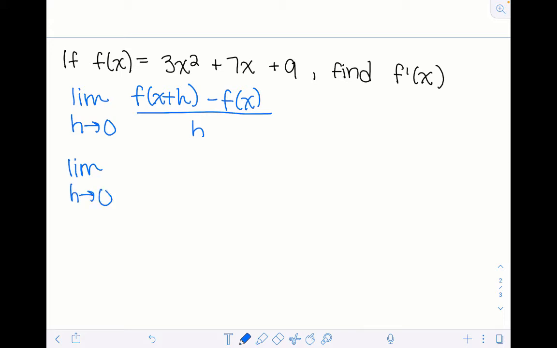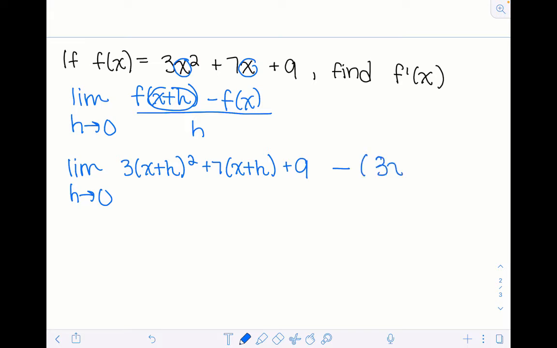I'm going to try to do it all at once. So f of x plus h means everywhere I see an x, I'm going to substitute in an x plus h. So I've got 3 times (x plus h) squared plus 7 times (x plus h). And whenever I plug it in, I like to put parentheses around it. And then minus f of x, which just means to rewrite the function as it is.